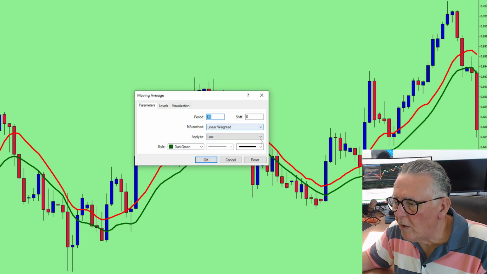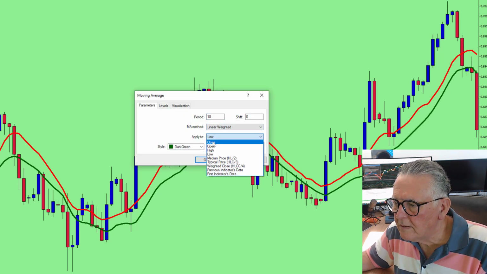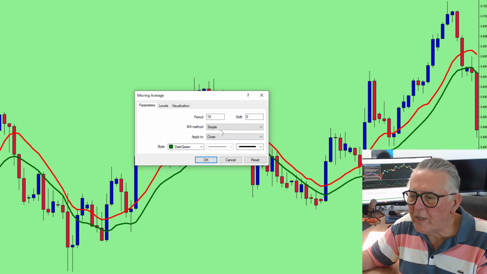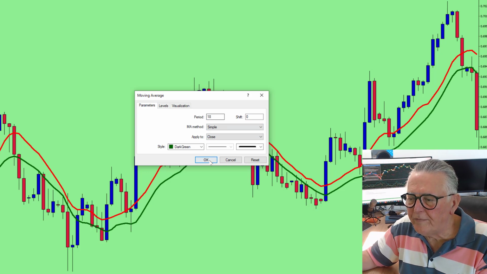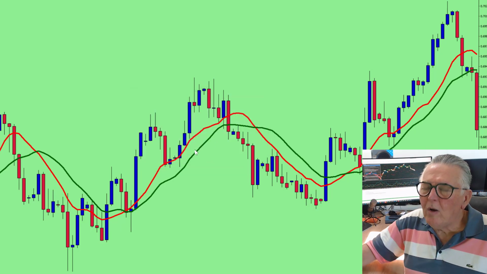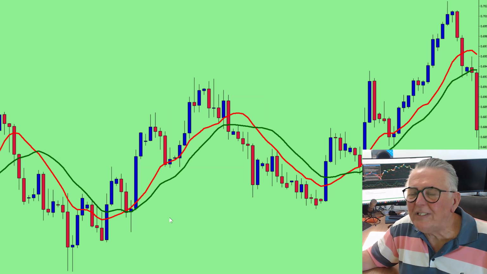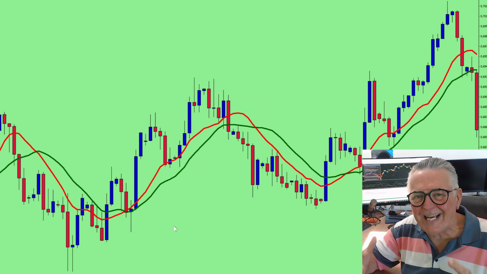And it needs to be on the close, and it also needs to be on the simple. So now we're comparing the simple on a close at 12, and we're comparing it with a 15, so they are more or less. So now what's happened is the moving average has gone, let's say, slacker.